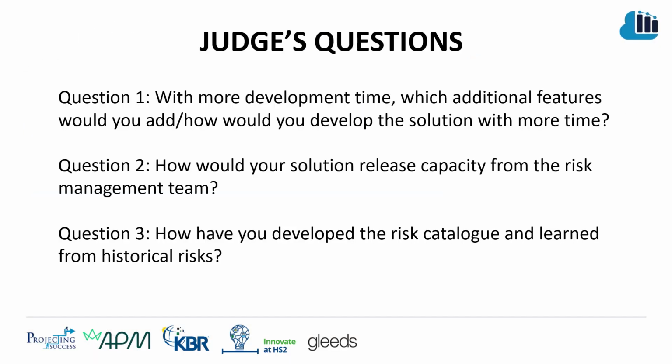We've already acknowledged that we don't quite have the skills required to do everything we wanted to do, and we haven't quite had the time either. But we have come up with some additional features which we would add to develop the solution with more time. The first one is using natural language processing to provide an easier user interface for the analysis and searching of risks.